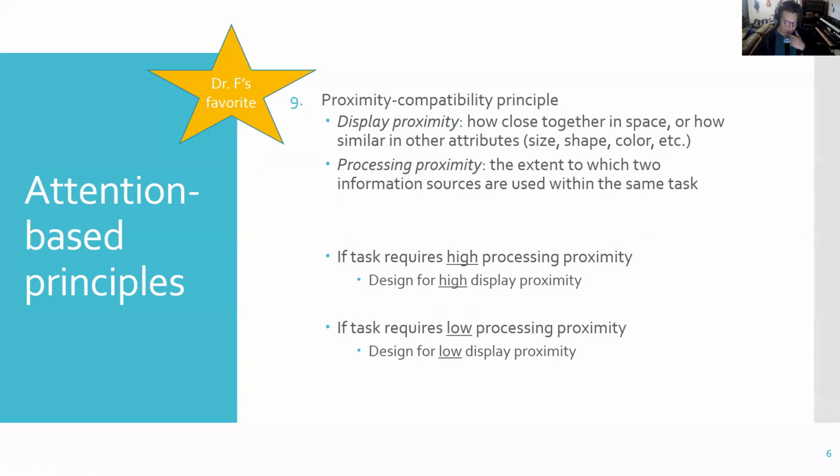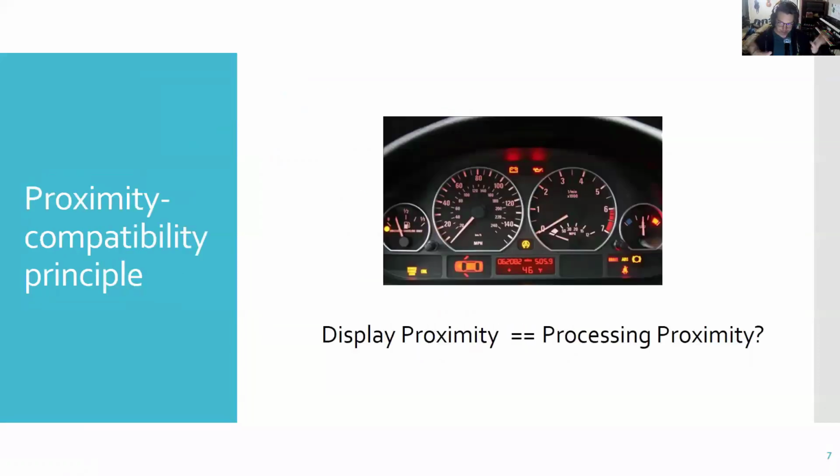All right. So I've got an example here. The common look to a car dashboard. Now, what I see here are some very high display proximity. We have several displays that are shaped the same way, move the same way, are also spatially proximal.